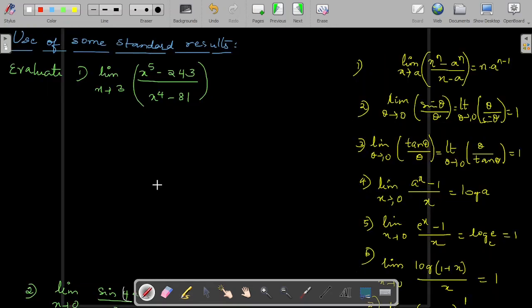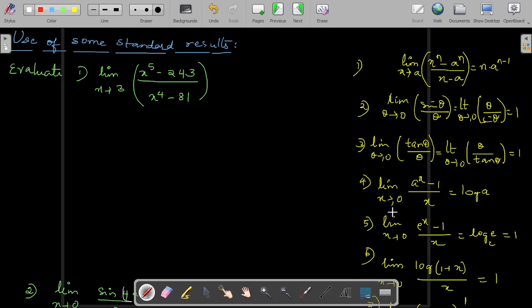Now next is the use of some standard results to evaluate limits. These standard results we will be using to evaluate the given limits. You have to memorize all these standard formulae. Limit x tends to a, x power n minus a power n by x minus a is n into a power n minus 1. Limit theta tends to 0, sin theta by theta or theta by sin theta both give you 1. Theta tends to 0, tan theta by theta or theta by tan theta gives you the value 1.